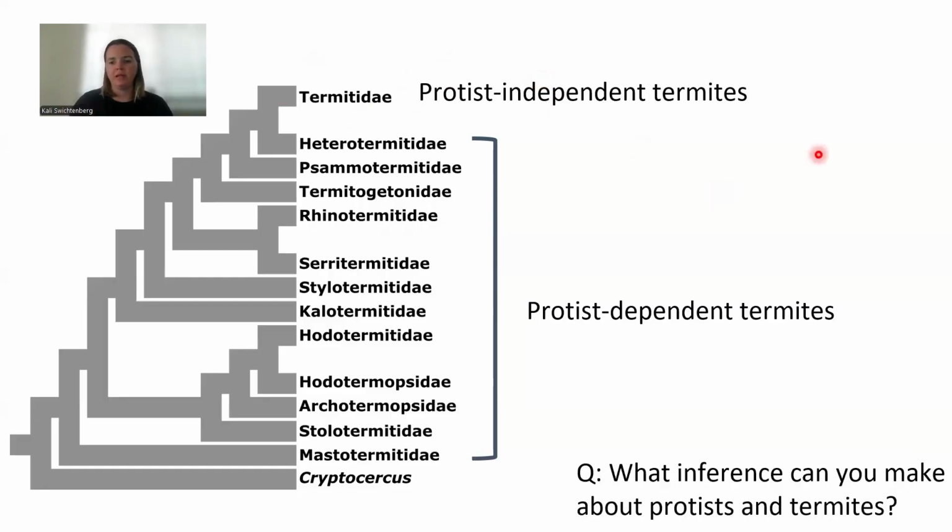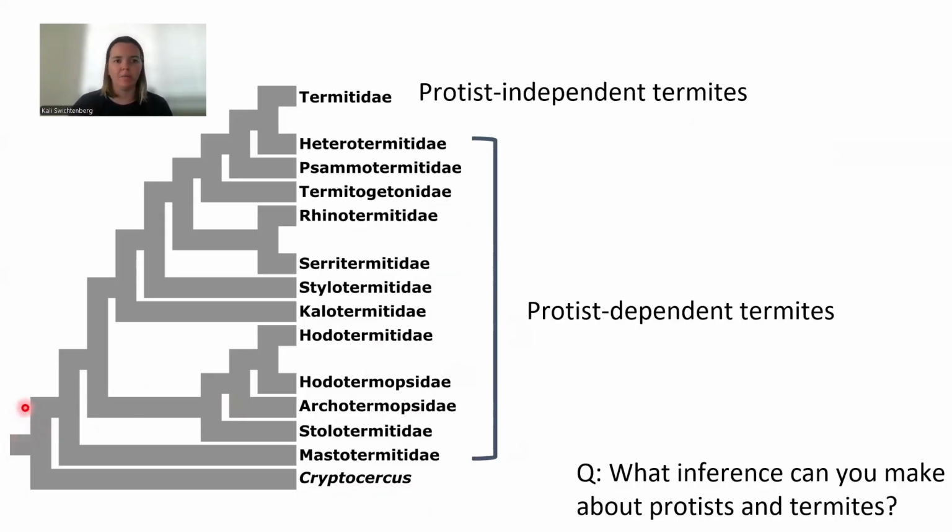So with that, the question that I'm asking is, what inference can you make about protists and termites with that background information? Well, considering that Cryptocercus and most of our termites have wood-digesting protists within them, we can assume that the ancestor of termites and Cryptocercus had to have had protists, right?